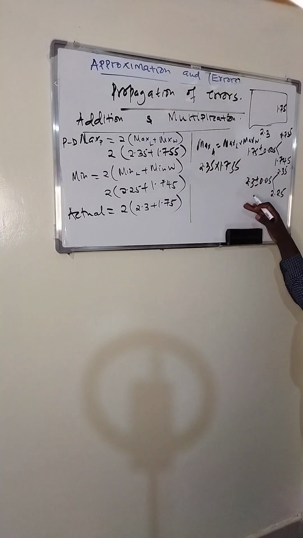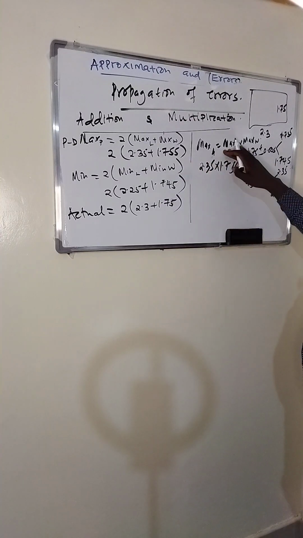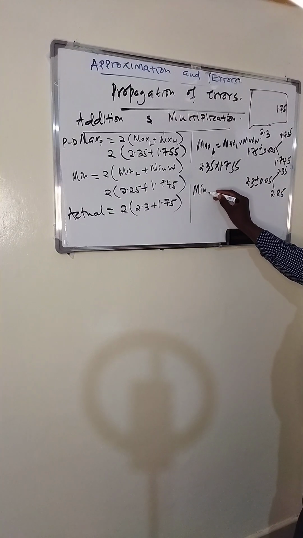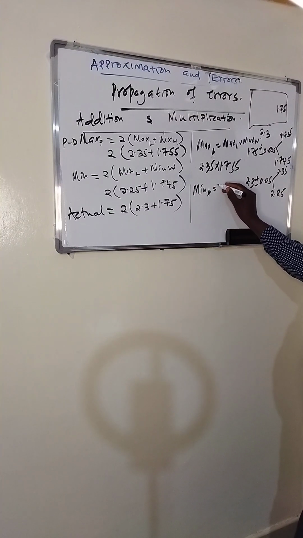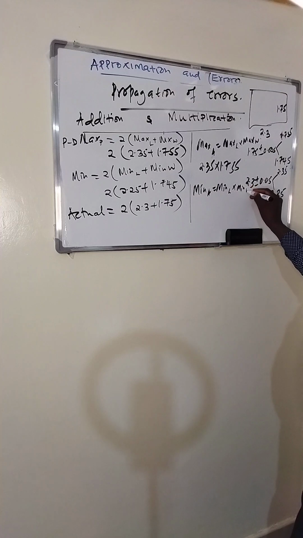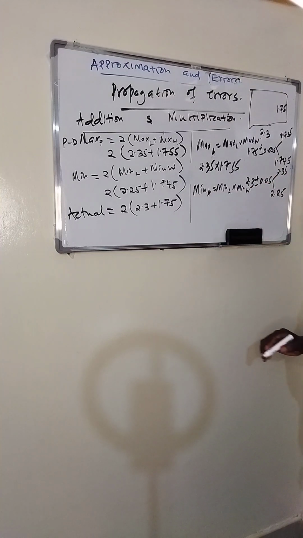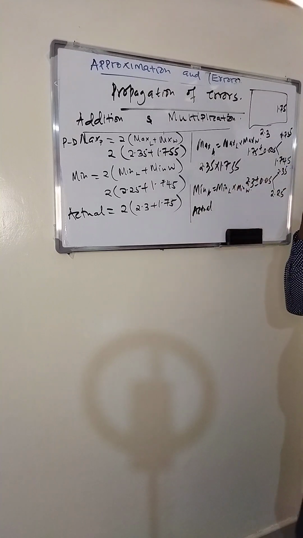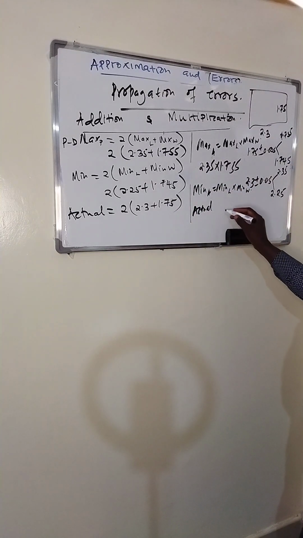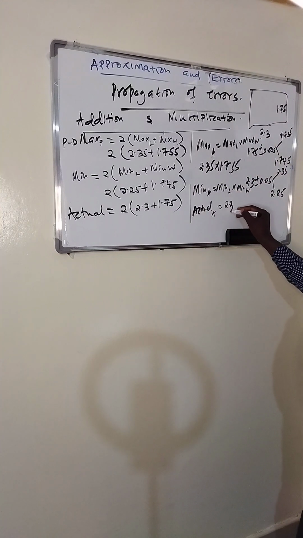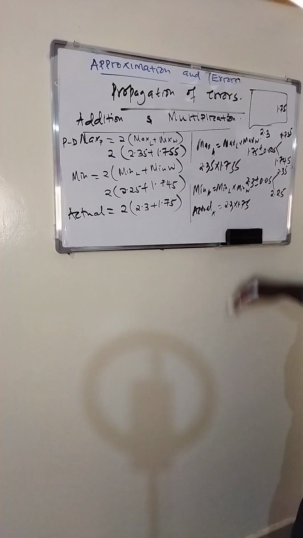That is the maximum area. So you notice you're taking maximum times maximum. Minimum area, you take minimum length times minimum width. And lastly, the actual area, for the purposes of getting the relative error and later the percentage error, we take the actual area, which is, you take just the actual as they are, 2.3 times 1.75.